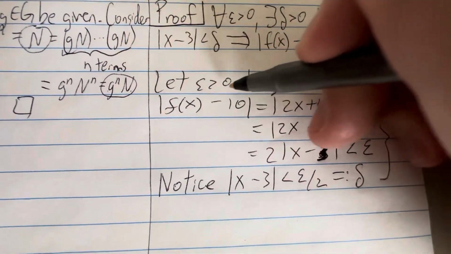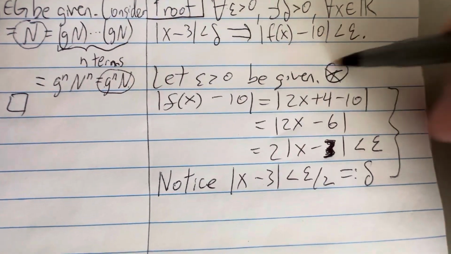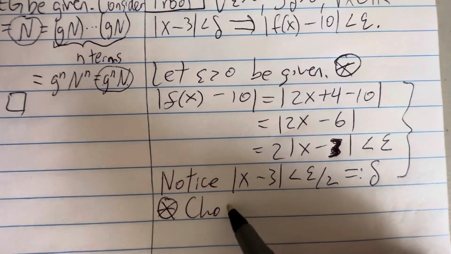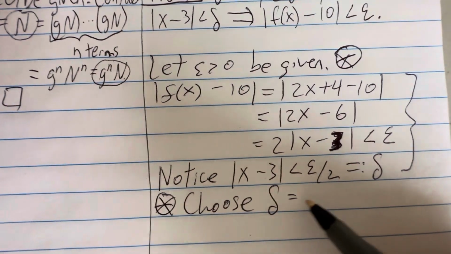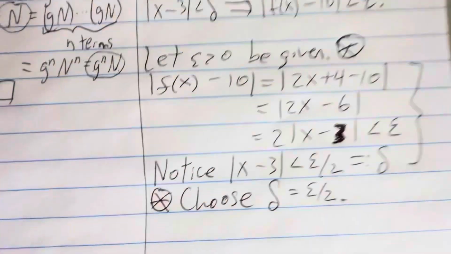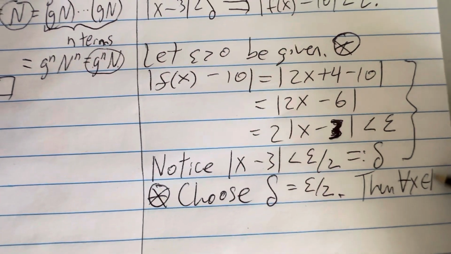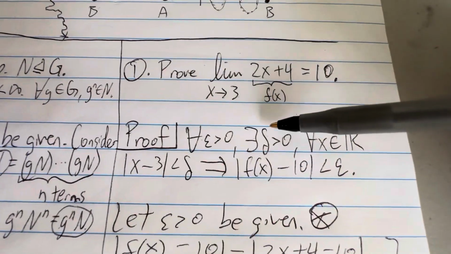So I would start with let epsilon be given. And then I would pick the proof back up here and say choose delta equal to epsilon over 2. Then for any x in my real numbers. So now I figured out how to get here.